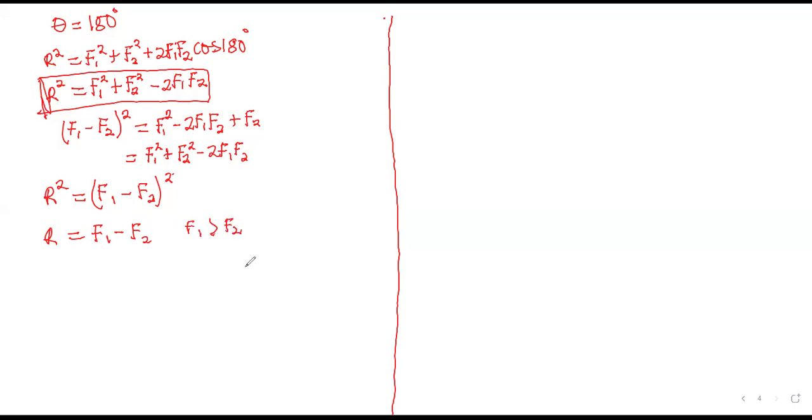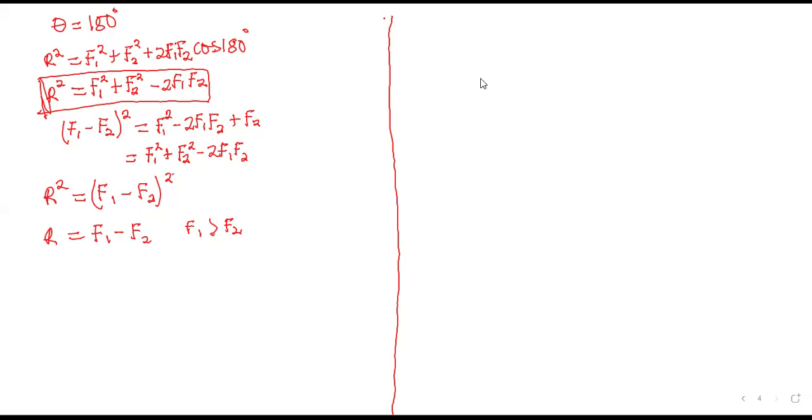All that I'm trying to draw your attention to is that the cosine rule is a super rule which applies to all angles, whether parallel, opposite, perpendicular, acute, or obtuse. Class, is that okay? Yes, please.